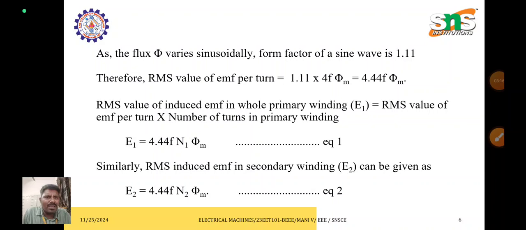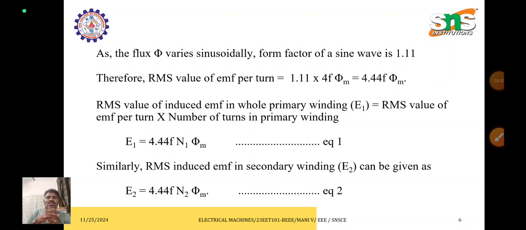Similarly, the RMS induced EMF in the secondary winding is E2, which is equal to 4.44 f phi m into N2. N2 represents the number of turns in the secondary winding.